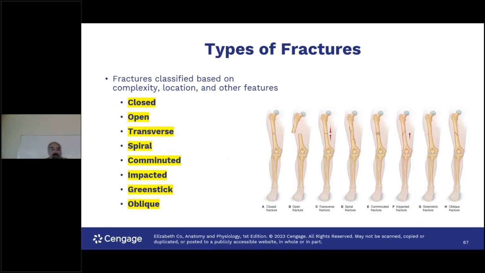Now, these next couple of slides, you'll have to memorize, knowing the differences between these different types of fractures. I'll give you an example. This is a greenstick fracture, number G on here.